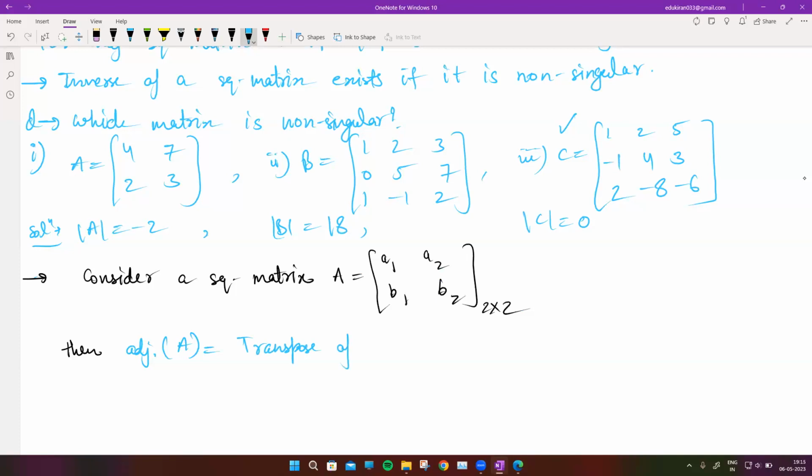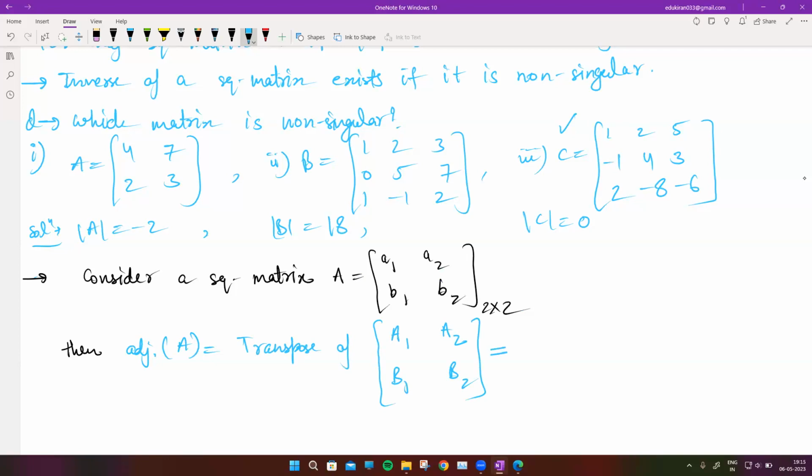We'll revise the concept. Find the cofactors for each element. I'm writing the cofactor of A1 as capital A1, capital A2, then capital B1 and capital B2.